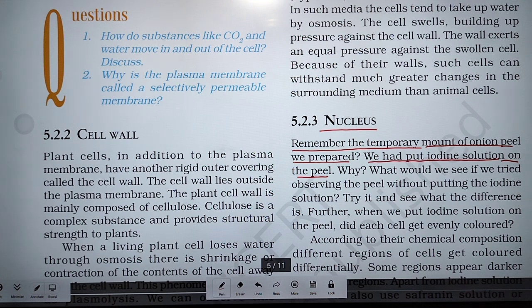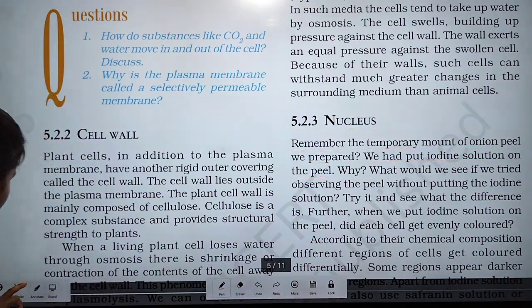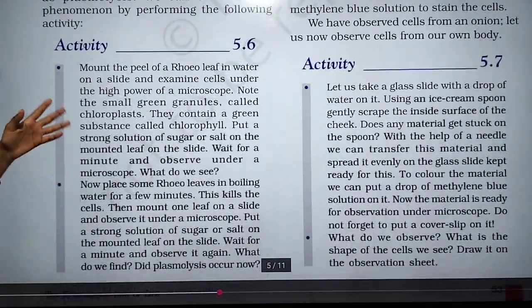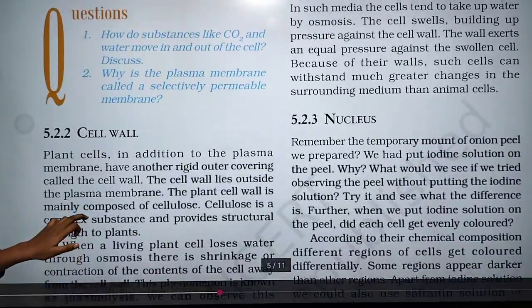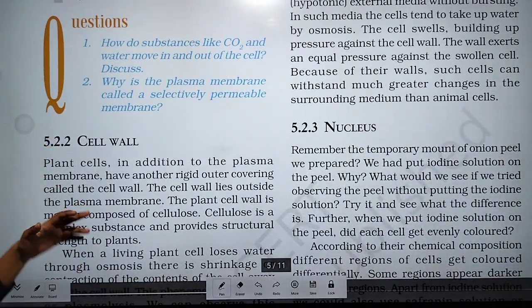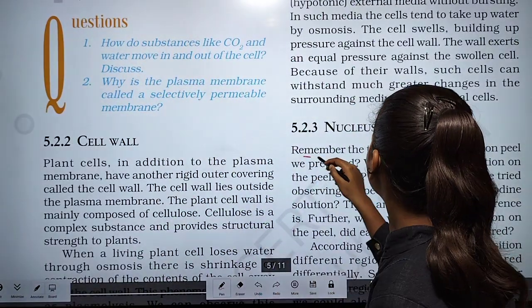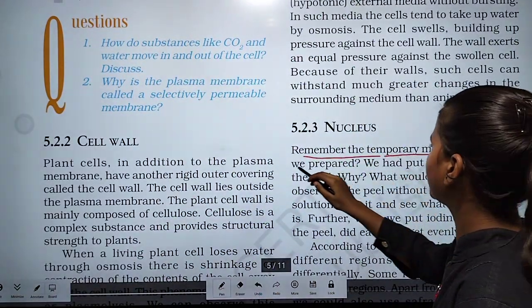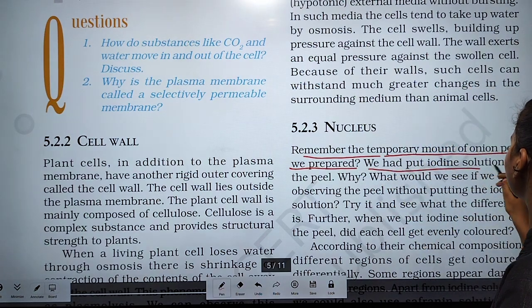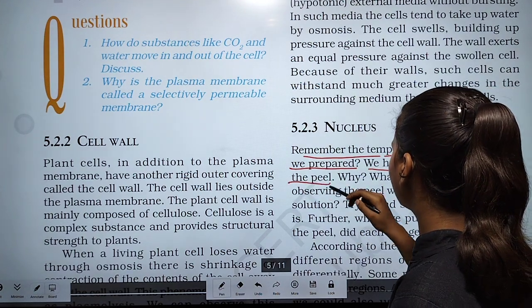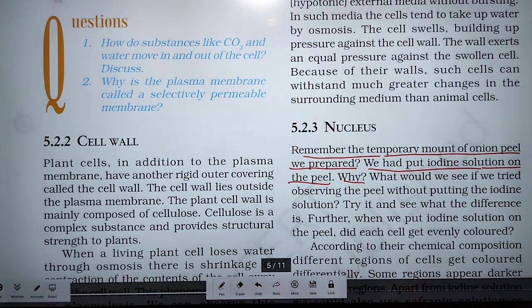If you read this activity, you will understand very clearly. Why did we put in the iodine solution?